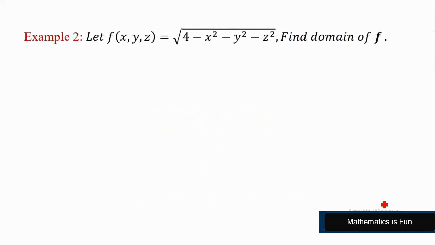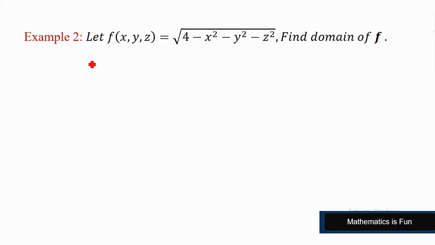Well, in example 2, we have a multivariable function with three independent variables. So here we have to find its domain. So this is basically a four-dimensional surface. So let's find its domain.